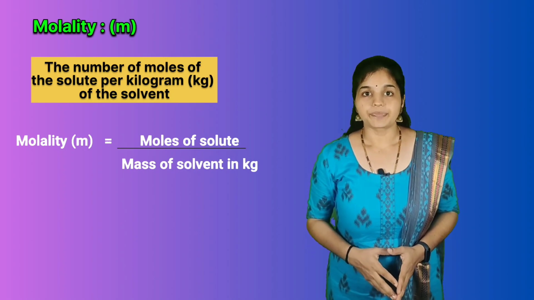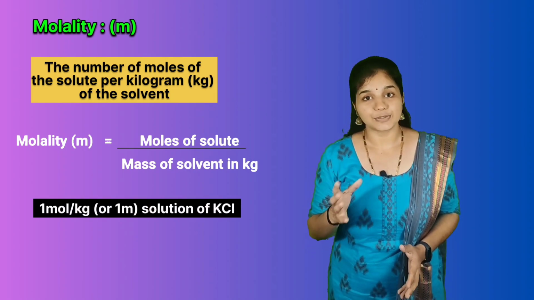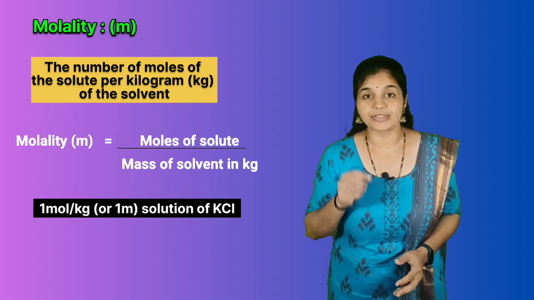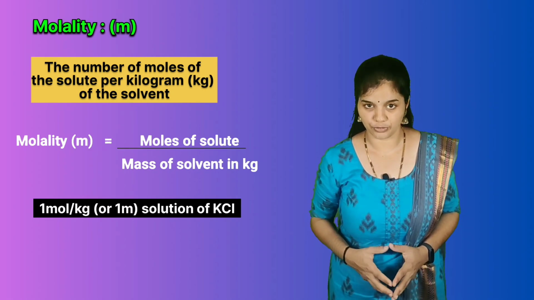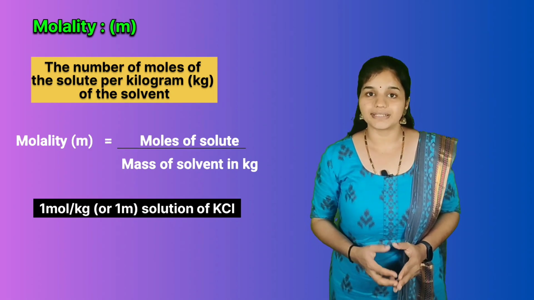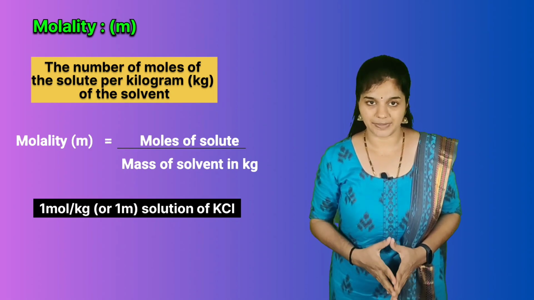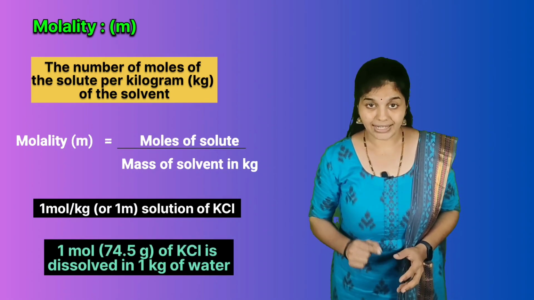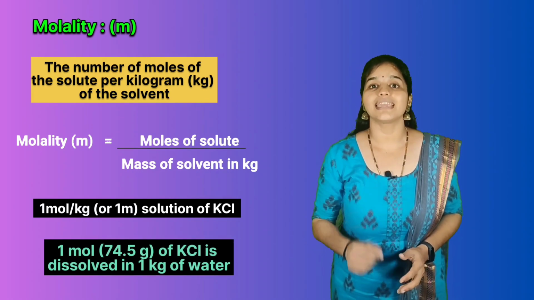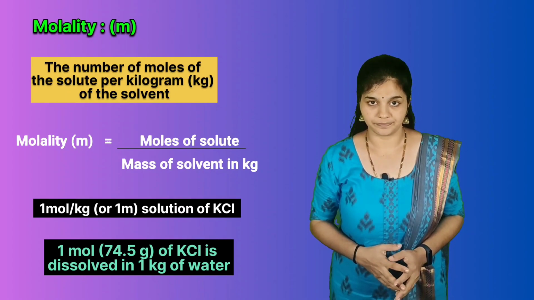For example, a 1 m solution of KCl. Here this m represents the molality of the solution. It can also be written as mole per kg. It means that 1 mole of KCl is dissolved in 1 kg of water.